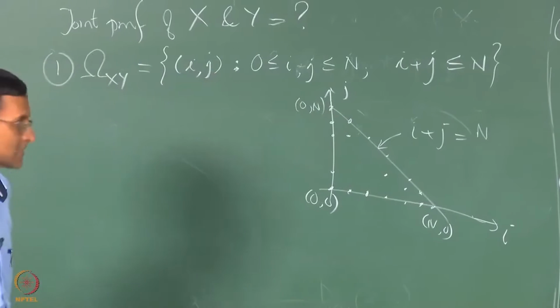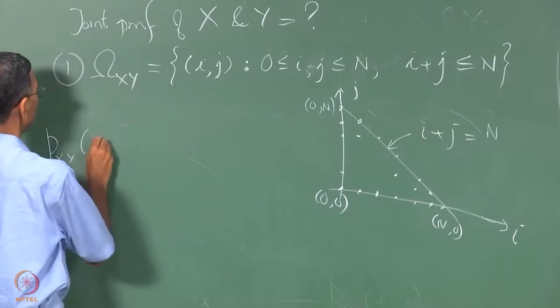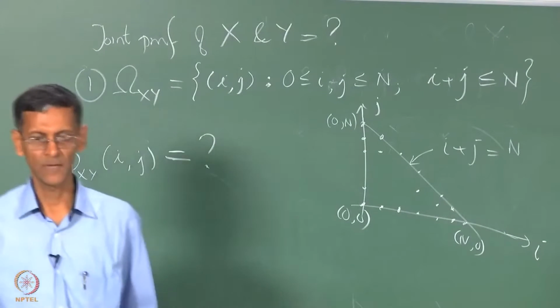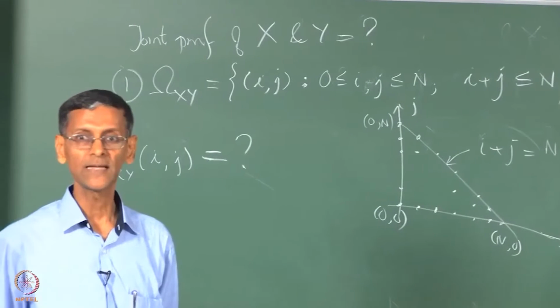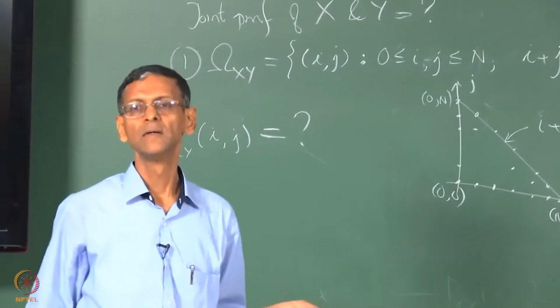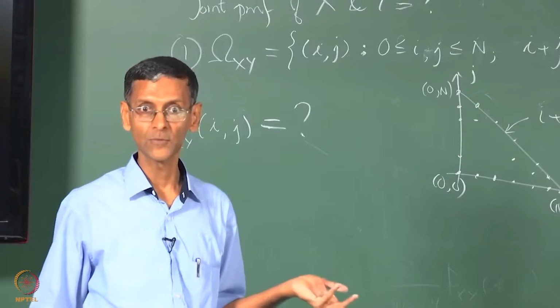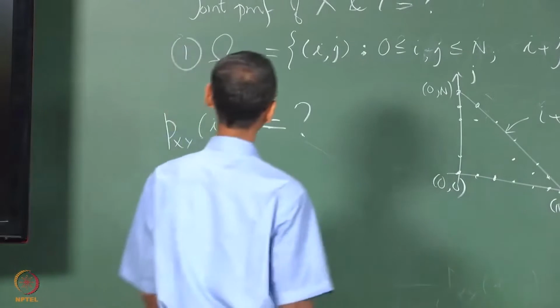Now, we want to ask again the same old question, what is this joint probability P_xy(i,j), which is the joint probability of x taking the value i and y taking the value j on a single run of the experiment, which gives you x and y the values, right. How would you go about writing this?